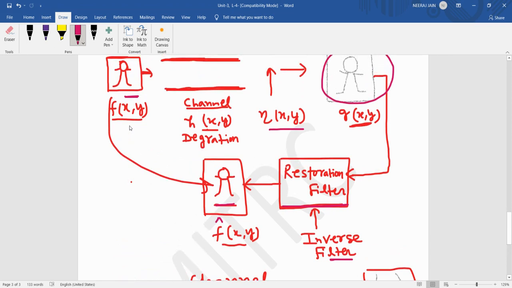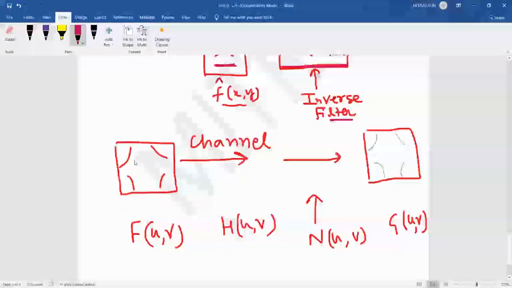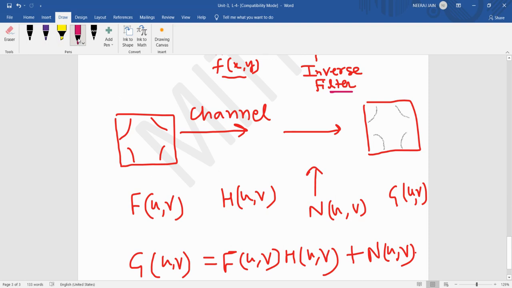We take the Fourier transform of f(x,y). Suppose the Fourier transform of this original image that is shown here, is like this image, and that is denoted by the symbol F(u,v).